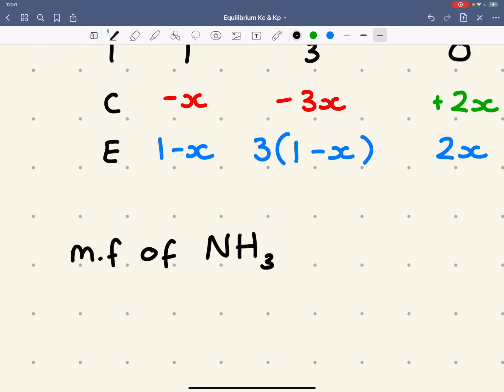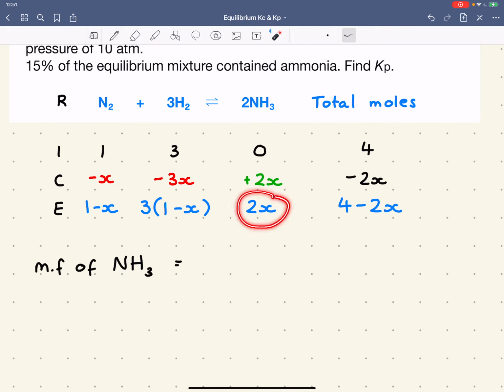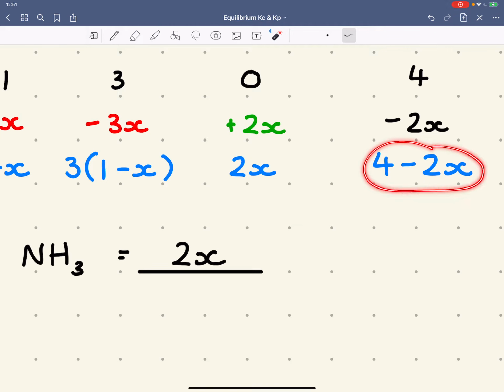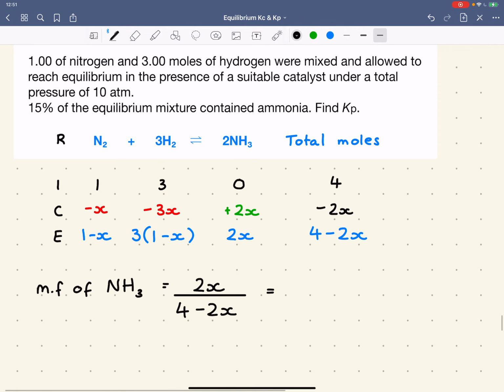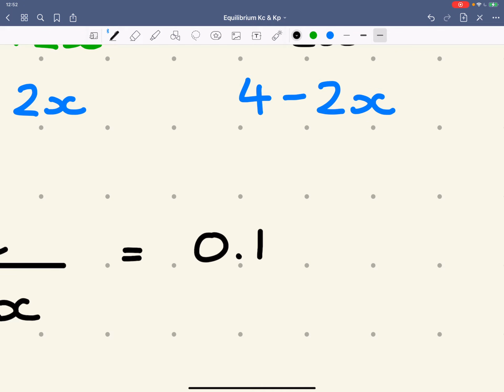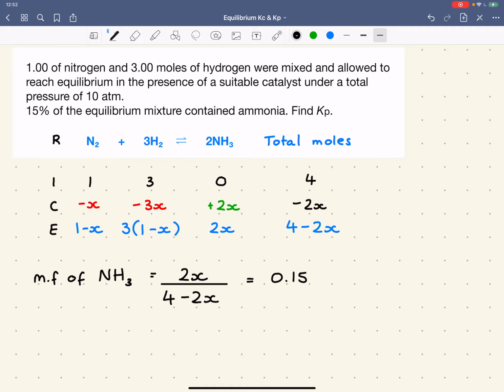It's the moles of ammonia, which is 2x, divided by the total moles at equilibrium, 4 minus 2x. And we know, because the question tells me, that the mole fraction must be equal to 0.15. And it's simply now a case of solving that for x.